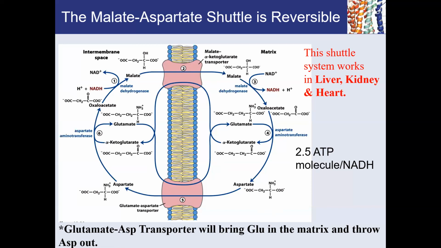How beautiful this is. Think about it. Now this is able to generate 2.5 molecules of ATP per NADH because whatever NADH you are generating here can actually go through complex 1, right? So that's how this malate aspartate shuttle system works.